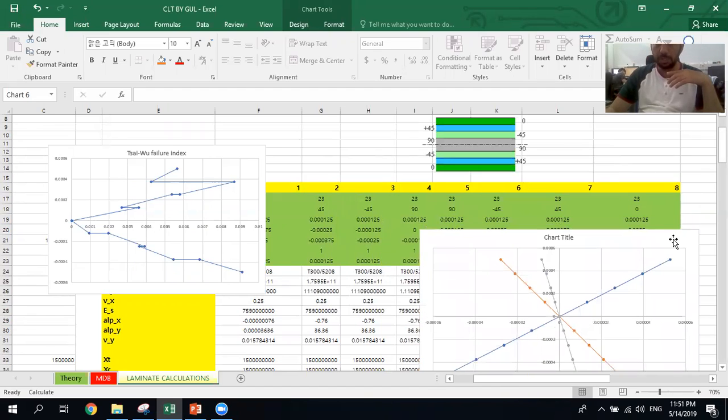And if we change the fiber orientation, the strain formation will change. At present we have this type of lay-up sequence, known as the quasi-isotropic lay-up sequence, most commonly used in the design of structures, and this is a symmetric structure.